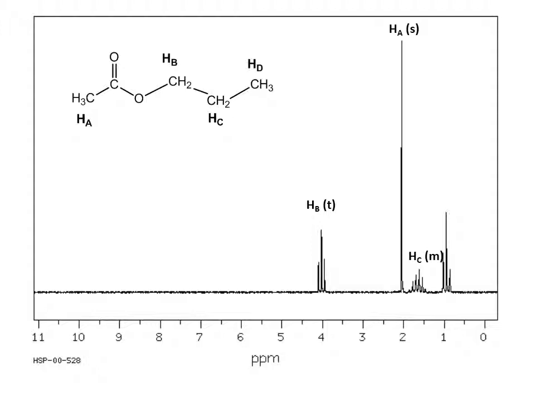The Hc protons are flanked both by CH2 protons and CH3 protons. That automatically means that the Hc protons are going to be a multiplet, getting as many as 2 plus 1 times 3 plus 1 peaks. Again, we don't count them, we just see that mess of peaks for Hc.